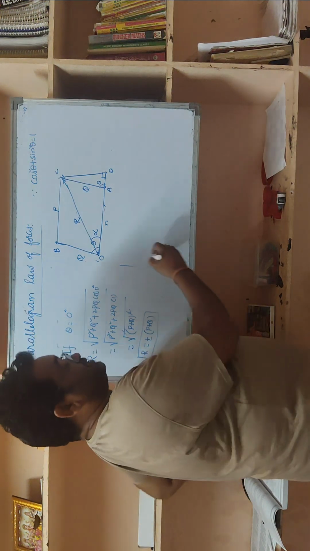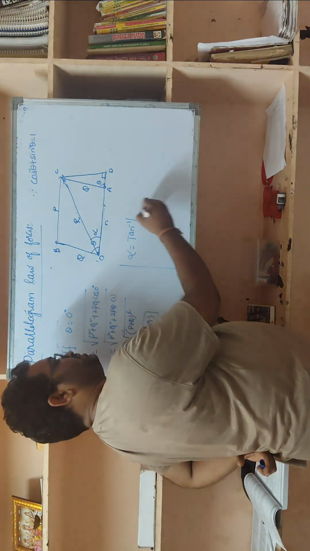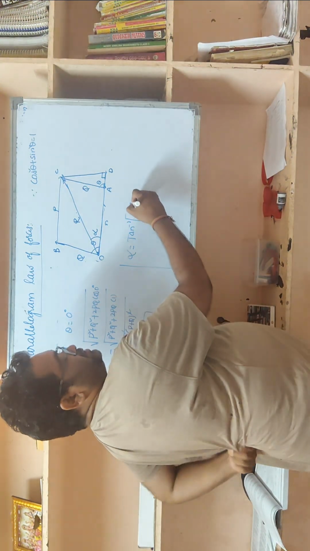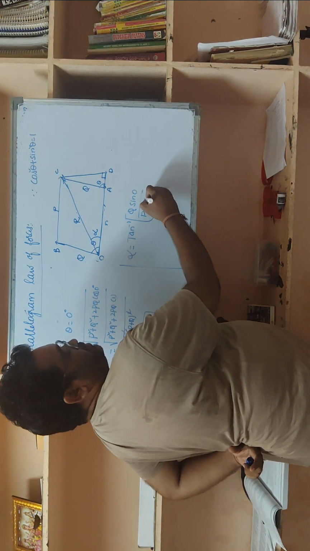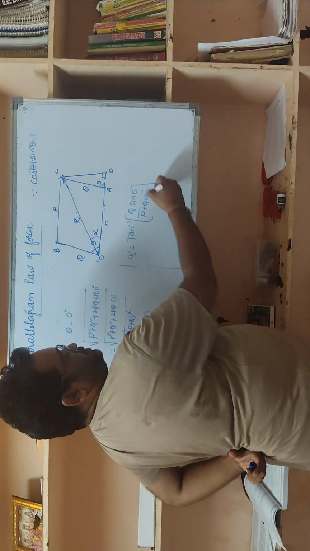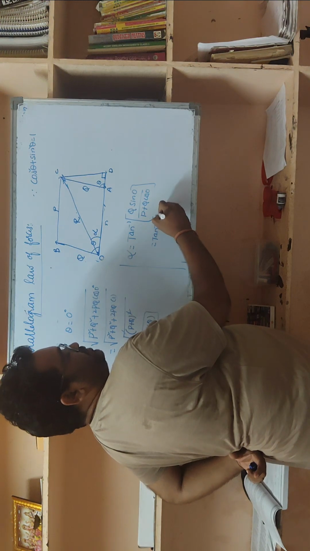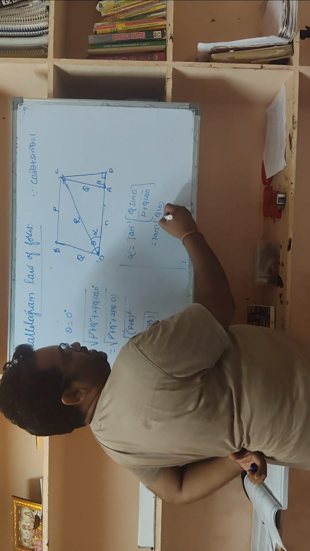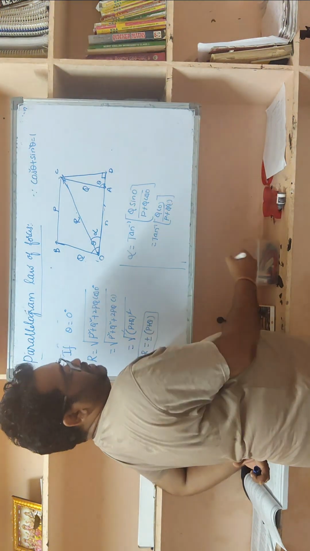Then alpha is equal to tan inverse of Q sin 0 by P plus Q cos 0. So tan inverse of Q sin 0 is 0, by P plus Q into cos 0 is 1.